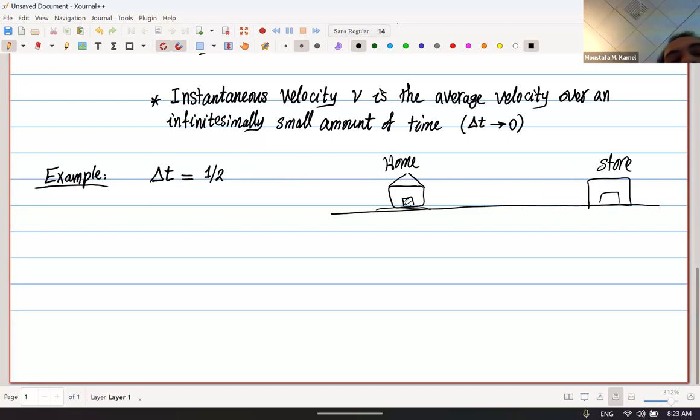So we start by writing our unknowns. And the distance between your home and the store is 3 kilometers. So as always, since this is a coordinate system, we denote the origin. Let's denote the origin as your home. So x equals 0 will be your home, and x equals 3 will be the store. These are just the marks on our ruler.